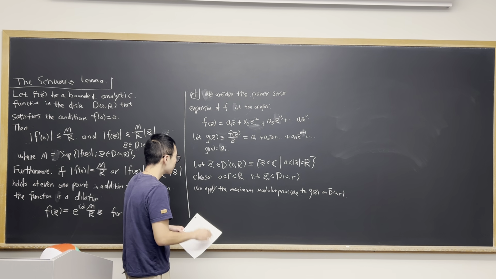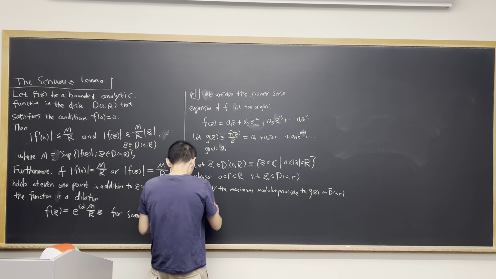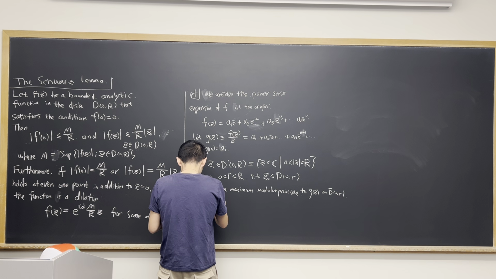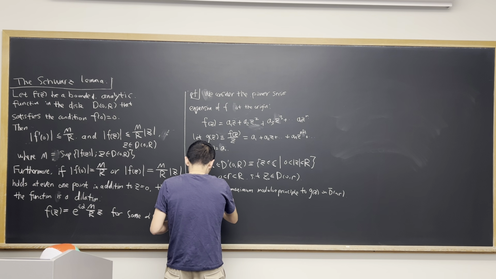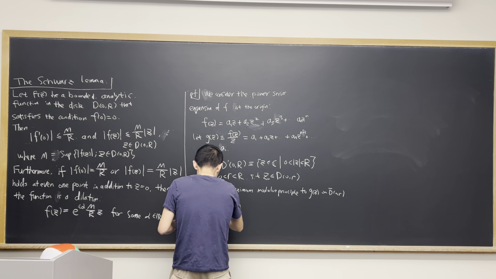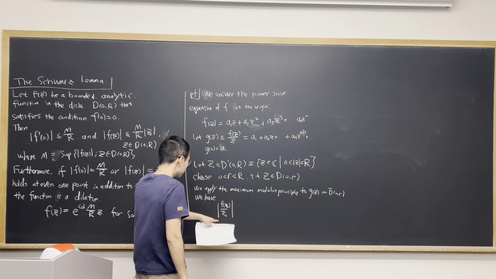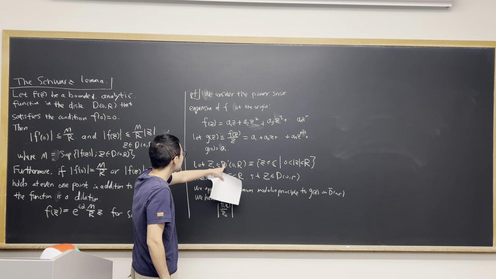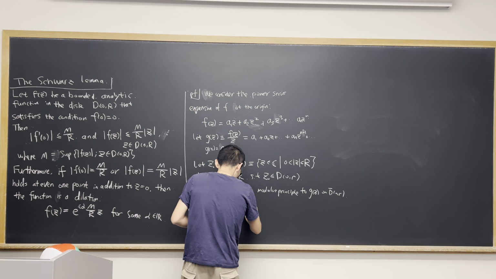I'll explain how the maximum modulus principle works here. We have the modulus of f of z naught over z naught. Okay, so this is the modulus of g of z naught.